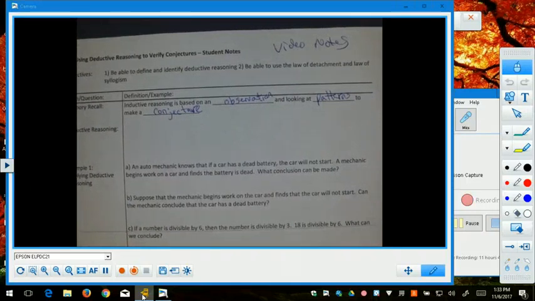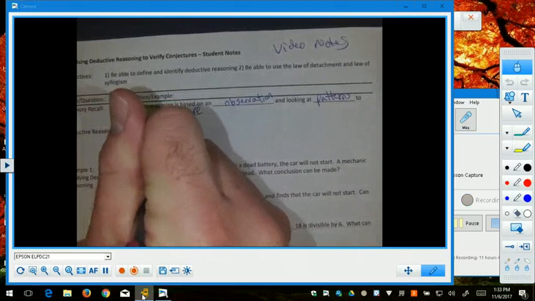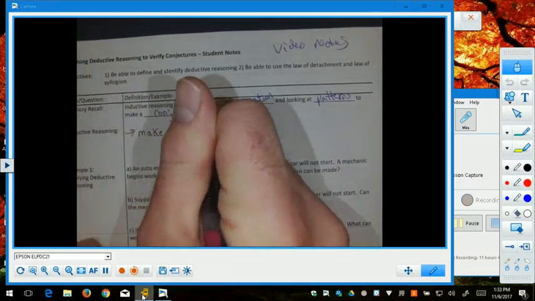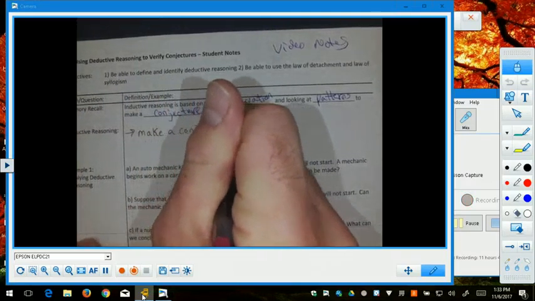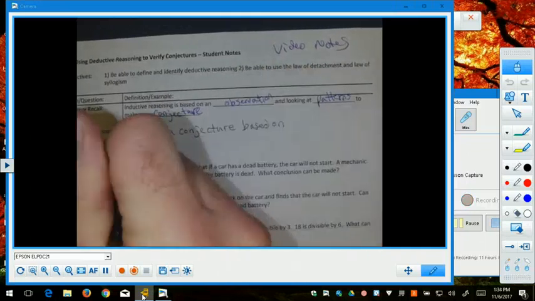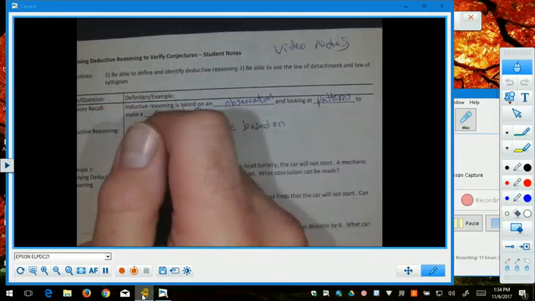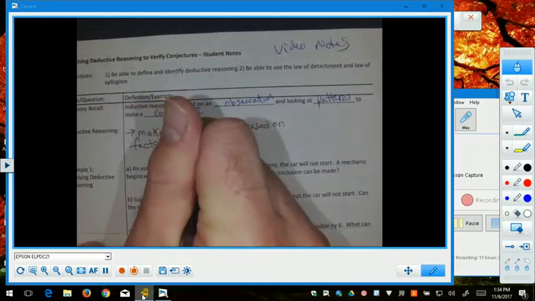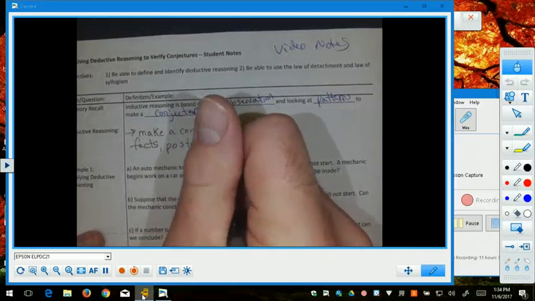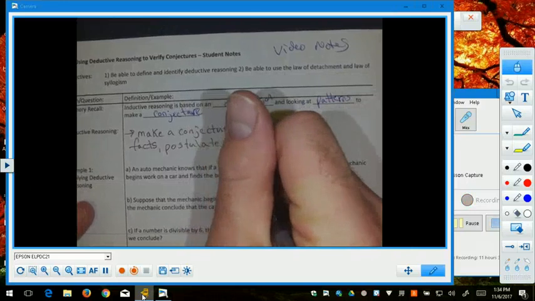Deductive reasoning is based on facts, definitions, postulates, and proven theorems. So we make a conjecture or draw a conclusion based on facts, postulates, and proven theorems.